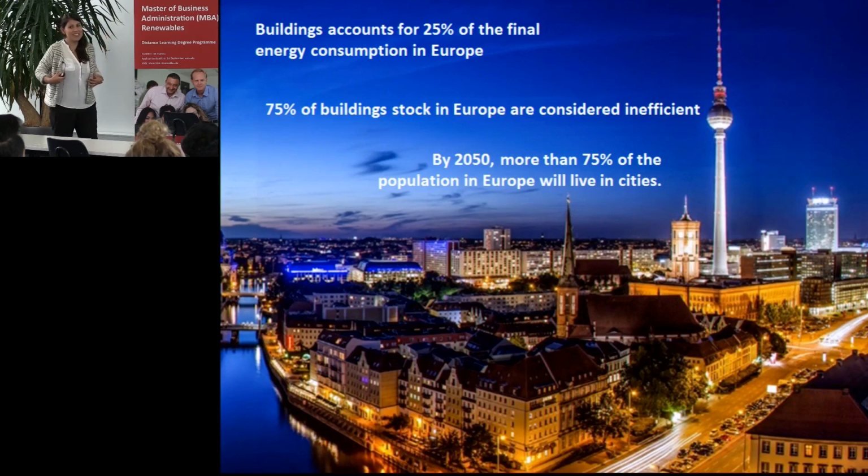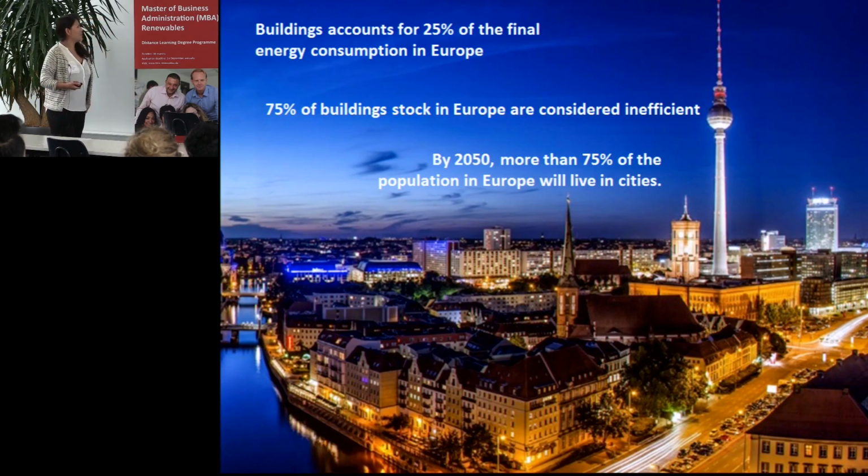And buildings. Buildings are also a very interesting topic to me because I spent a lot of time working on smart buildings. And this is important because it accounts for 25% of the final consumption in Europe, at least. But 75% of the buildings in Europe are inefficient. And that shocked me because I thought that Europe was doing well.